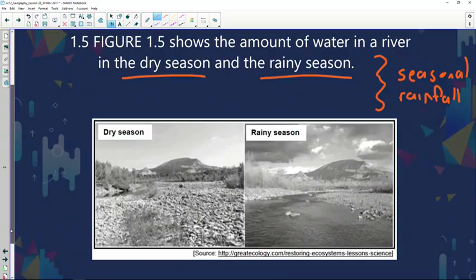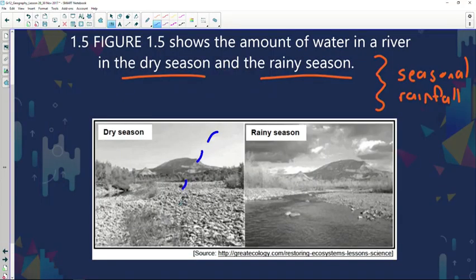Now, if you look at the two diagrams, what I can see over here, I see the same river, but during the dry season it is completely dried up. And during rainy season, there's surface water. Now, before grade 12, you've learned about two types of rivers, and you were introduced to them in map work: your perennial rivers and non-perennial rivers.